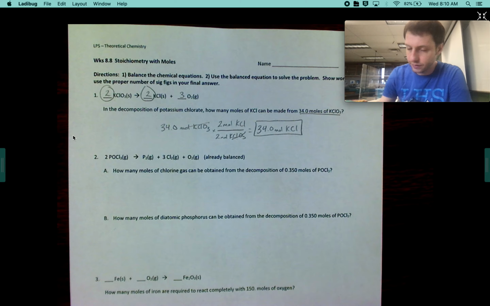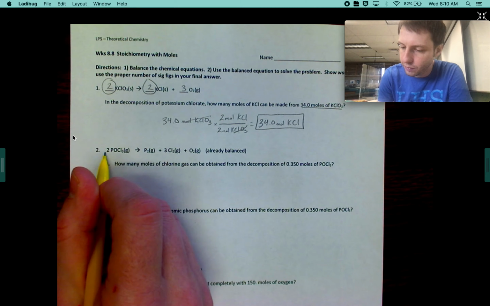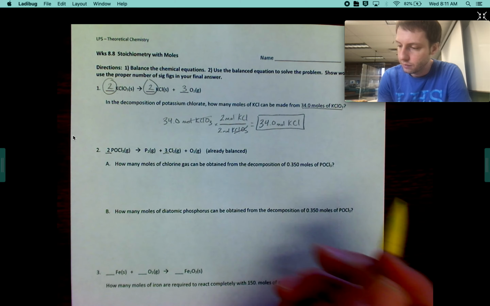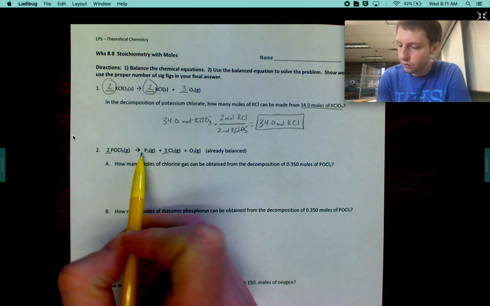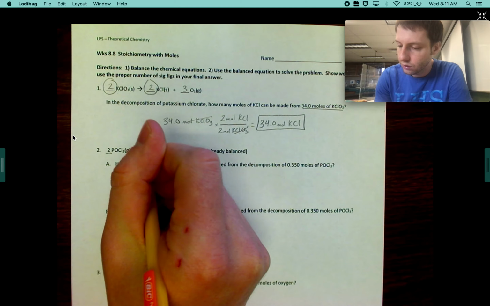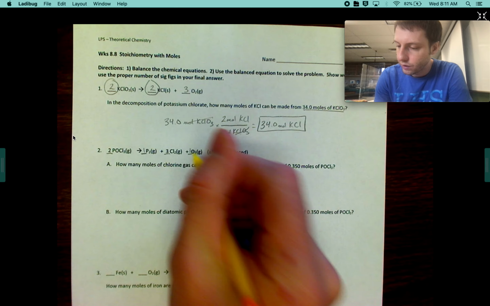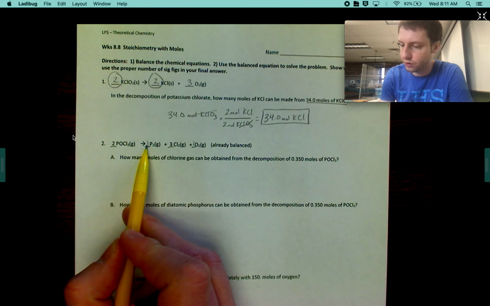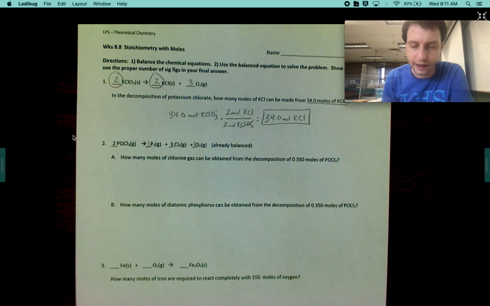All right, let's do the next one. This one's already balanced for me. I've got my POCl3 reacting or decomposing to make phosphorus, oxygen, and chlorine. If there's no number in front of it, it's assumed that it's a 1.